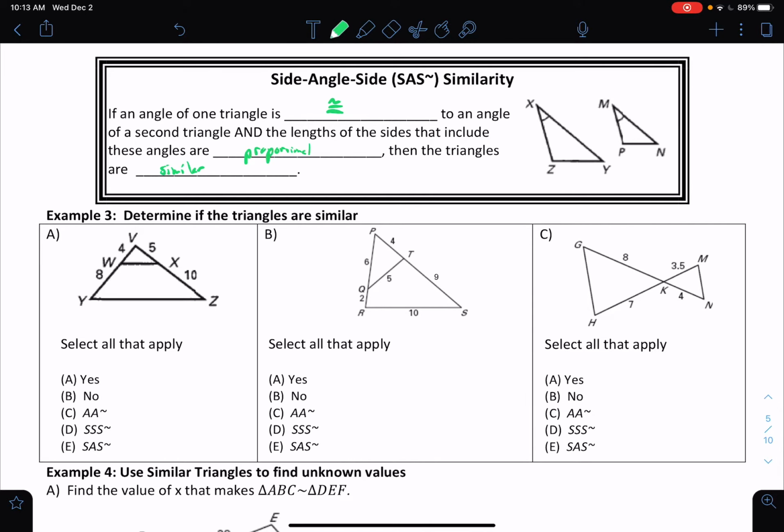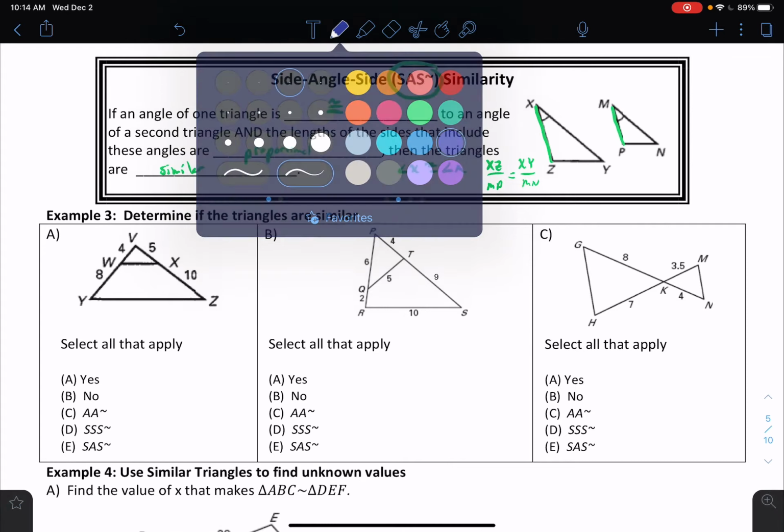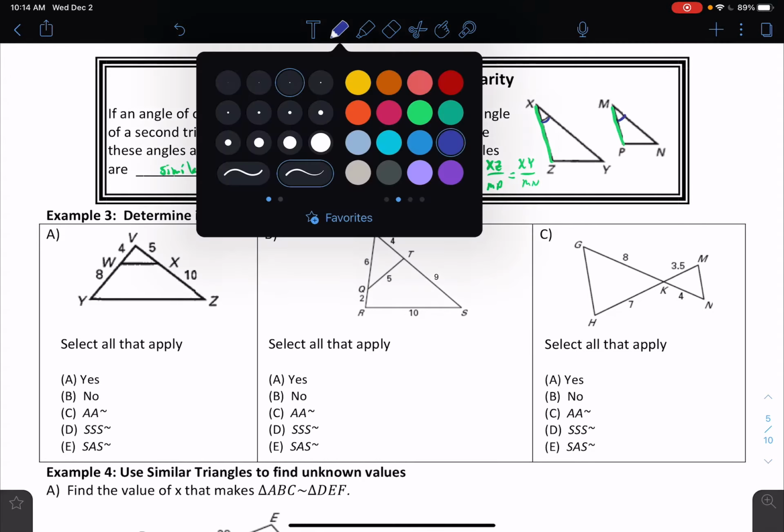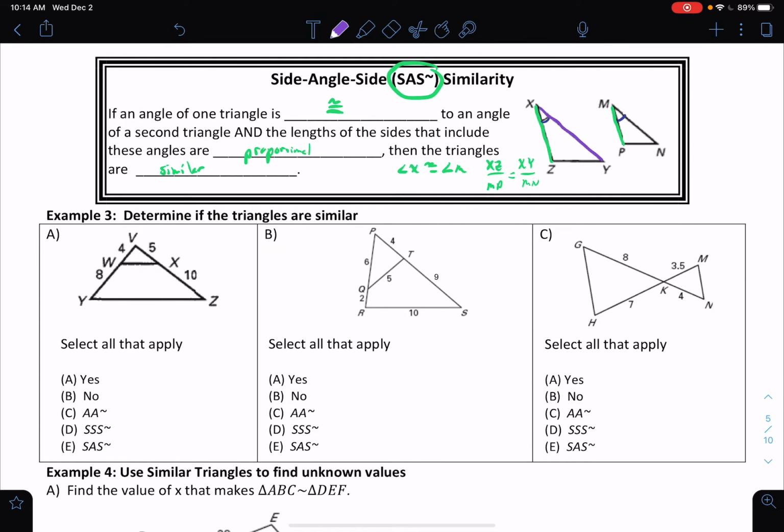So for example, in this diagram to the left, I'm telling you that angle X is congruent to angle M. Therefore, we would need to show that XZ over MP equals XY over MN. It needs to go side, angle, side. It needs to be that order. So side matching up with this side, these angles are congruent, and then the side matching up with that side. Needs to go in that order.